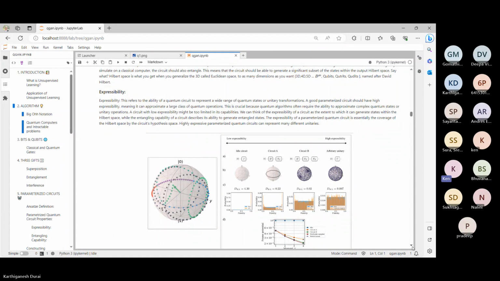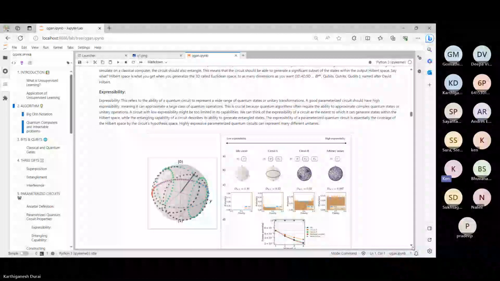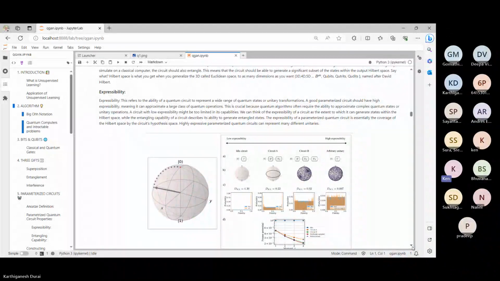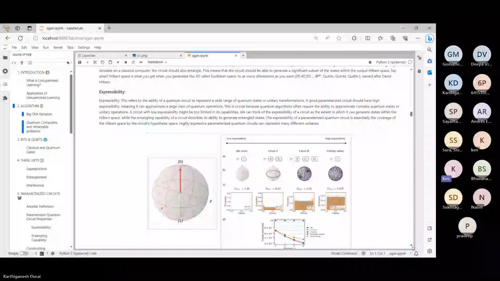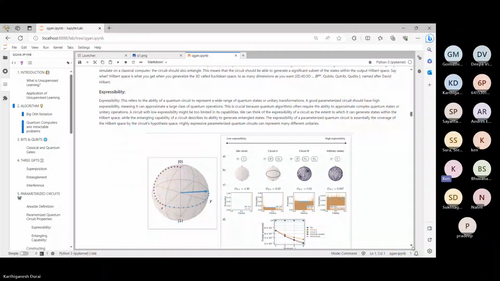If you look at the image here, at the top we have low expressibility and high expressibility. The idle circuit here has an extremely low expressibility. It's not used in the Hilbert space fully. Whereas circuit A has some expressibility, but again, it's not fully utilized in the space.